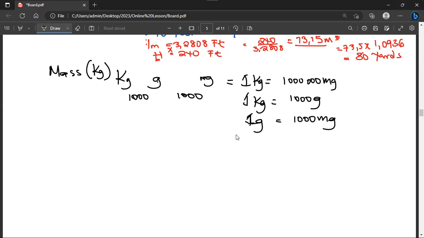You understand? So remember we said big to small, we multiply, whereas small to big, we divide. Don't forget this. PSM, SBD. Big to small, multiply; small to big, divide. All right, example.